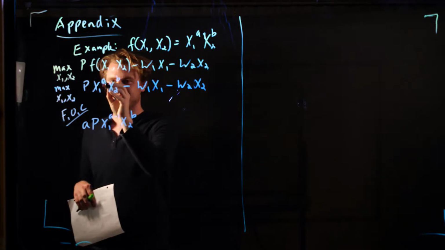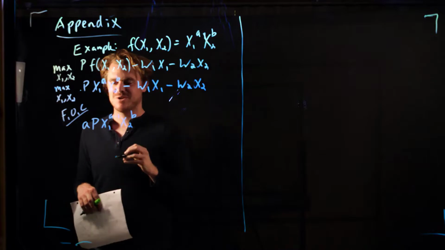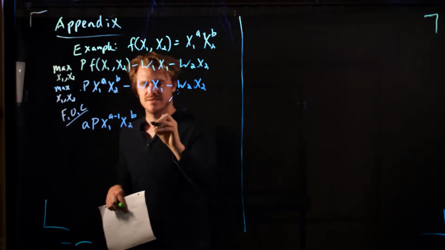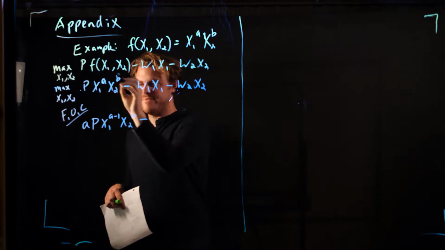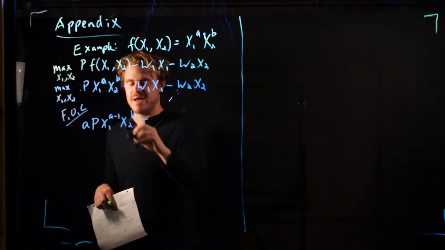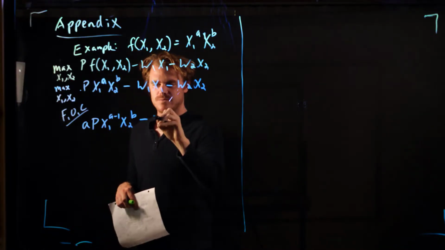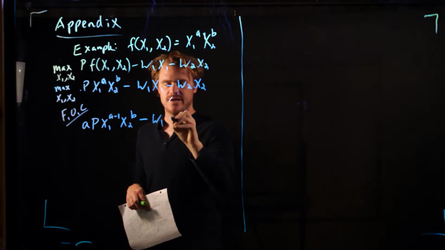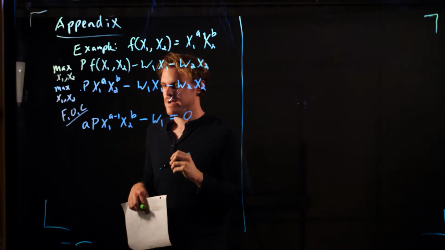We're taking the derivative, moving the a down, and subtracting 1 from the exponent. That's the derivative of the first term, the partial with respect to x1. And we just kick it around, equals 0 at the max.